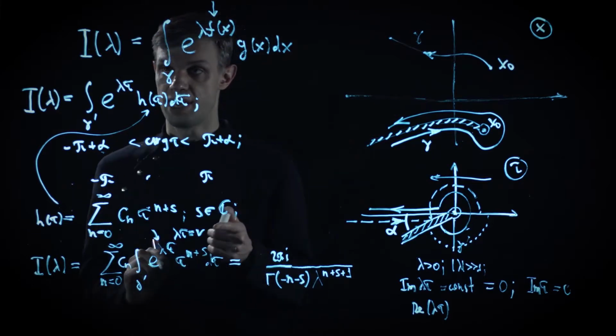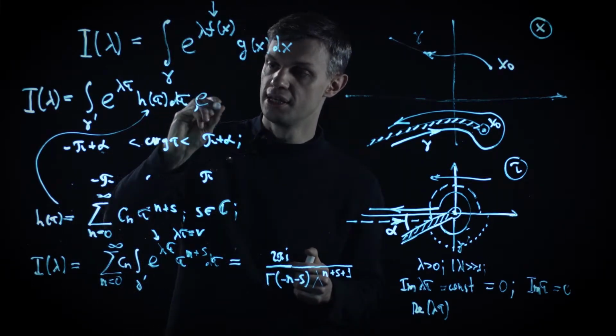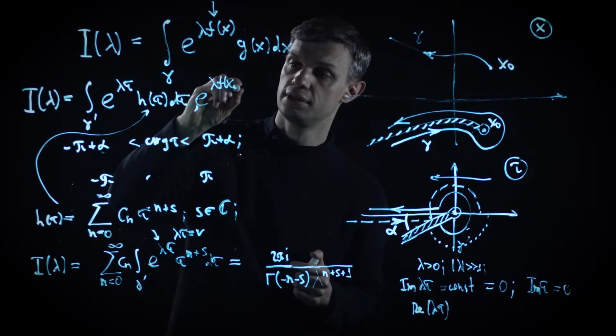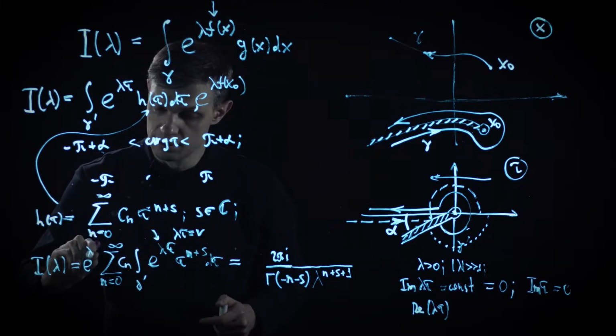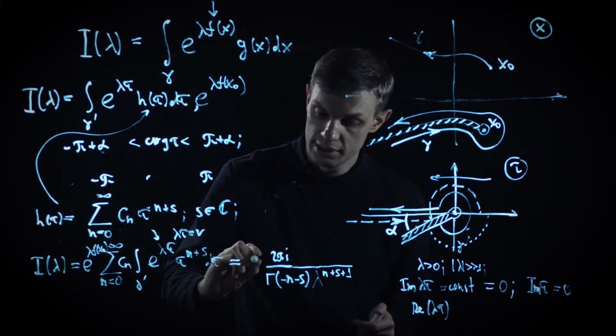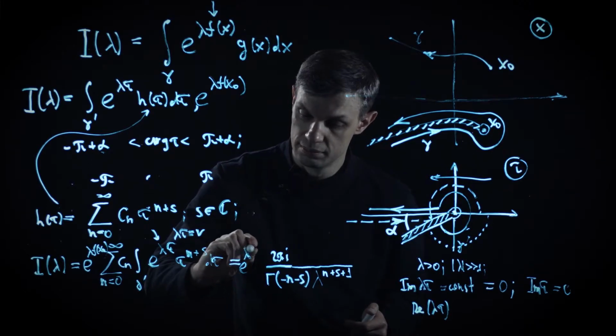And naturally, there is a prefactor. Sorry, I actually dropped it here. So the prefactor is e to lambda f of x naught. Here it is, and here, of course, it is, in front of our sum.